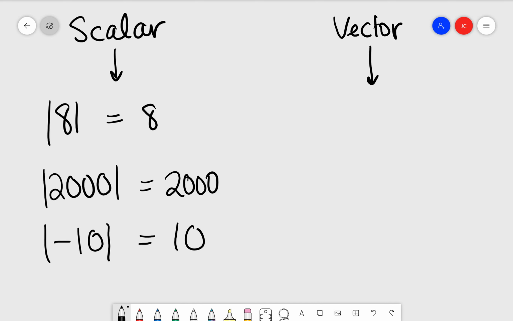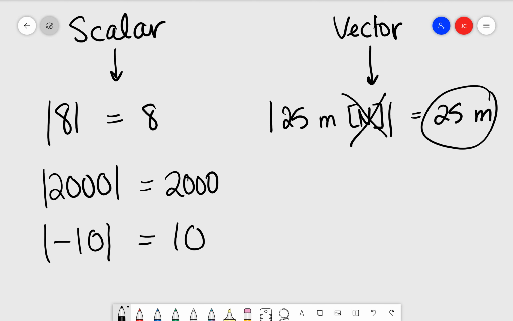Absolute values of vectors are kind of related, but they're a little different. Vector absolute values are just the value converted to a scalar, basically. You're just removing the direction information. So the absolute value of 25 meters north is 25 meters. The direction information is gone. We no longer care about it.